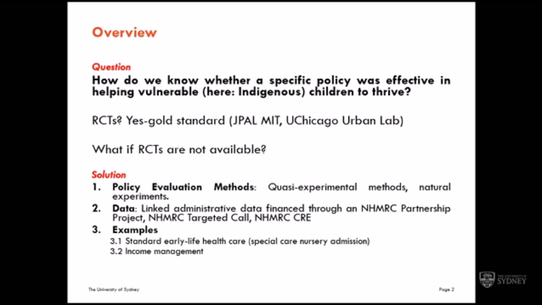And what J-PAL is doing, they're really raising money and establishing relationships with public institutions, and asking them, what are your research questions, and would you allow researchers to come in to help you run a randomized control trial? This is what J-PAL is doing. And the University of Chicago Urban Lab is doing this too. So these are living labs that build long-term relationships between researchers and organizations in the field.